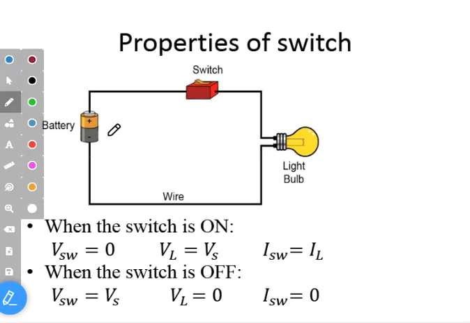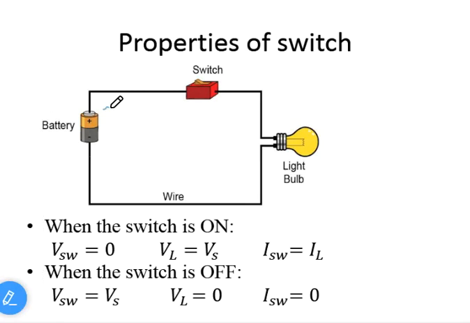Now let us consider Vs is the battery voltage. Let us consider VSW is the switch voltage. And finally, let us consider VL as the load voltage or the bulb voltage.